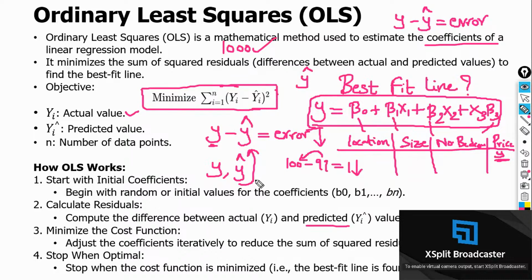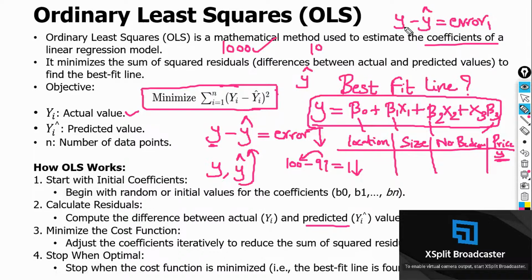For how many times are we going to get this error? It depends on the number of records that we have. For example, I have 10 records in my data. First row I'll pass. If I pass the first row, I'll get one predicted value. I also have one y, so I'll get error 1.